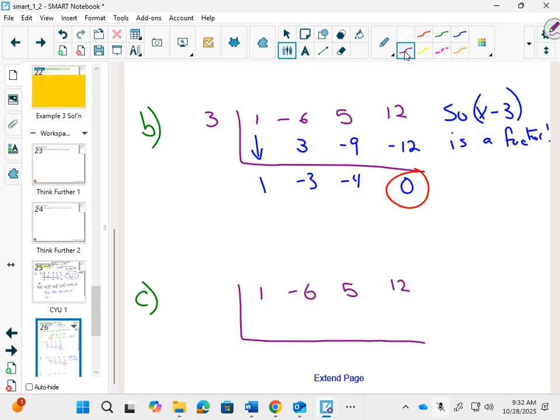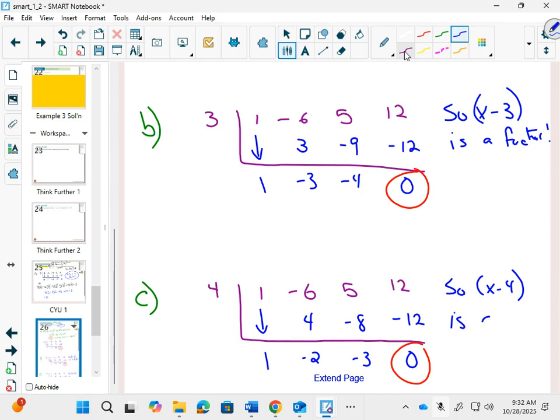This time in part C, we're checking if x minus 4 is a factor, which would put a positive 4 out front here. Bring down the 1. Multiply and add. Multiply and add. Multiply and add. And oh my goodness, another 0. So x minus 4 is a factor.